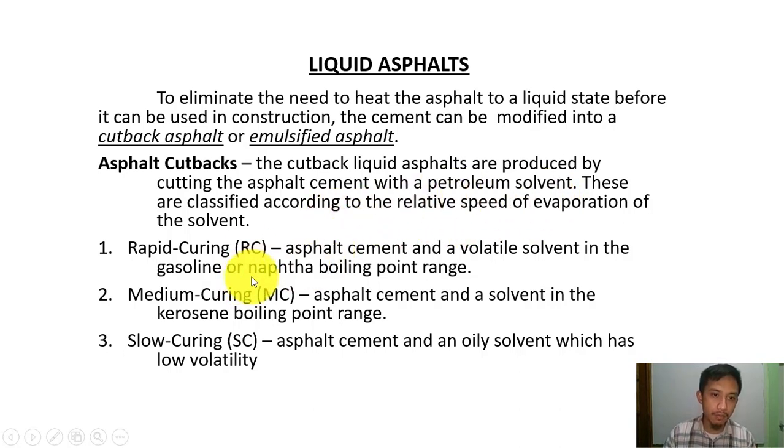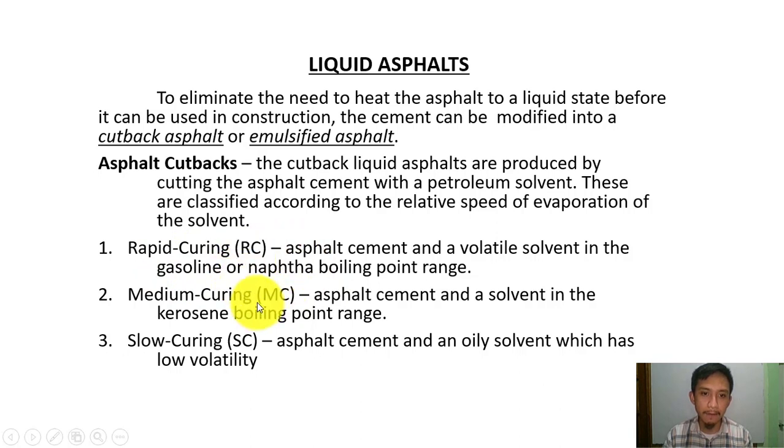We have the rapid curing, which we can denote as RC: asphalt cement and a volatile solvent in the gasoline or naphtha boiling point range. That is the mixture for a rapid curing cutback asphalt: your asphalt cement and your volatile solvent, which is either gasoline or naphtha.